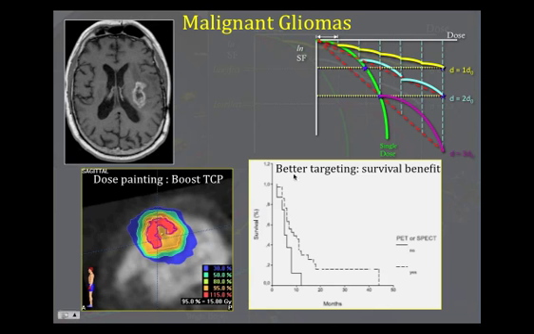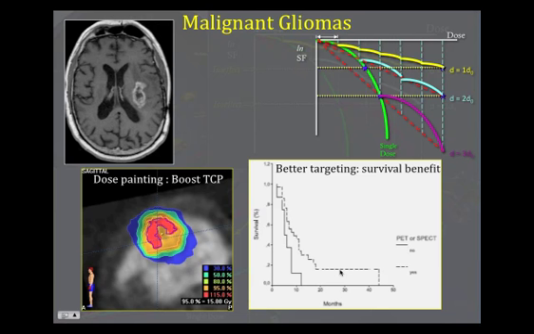So this paper from Dr. Grozu, a small retrospective series, actually compared irradiation to the same dose in gliomas defined by contrast enhancing plus methionine PET versus just contrast enhancing. And somewhat surprisingly, she did find a survival benefit.